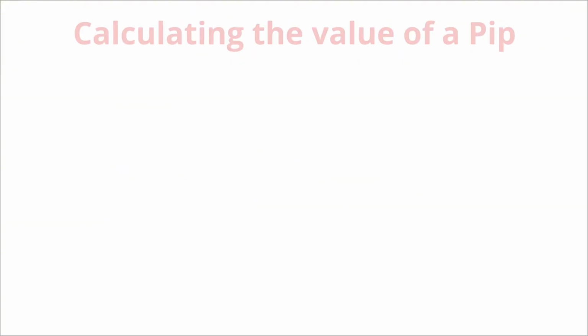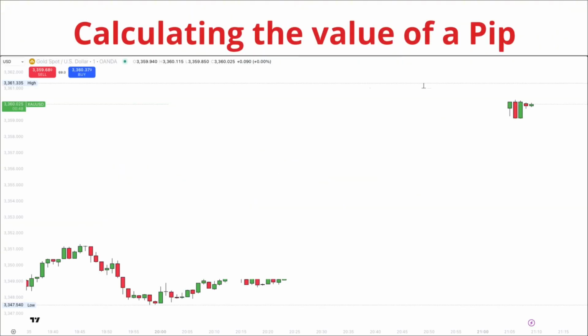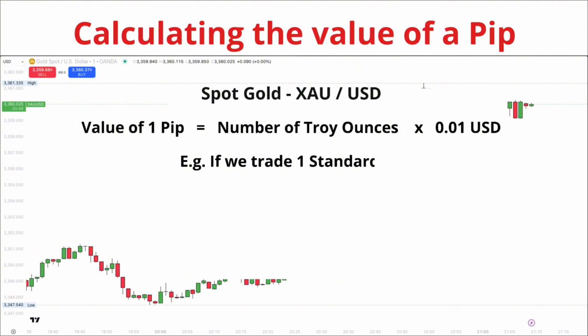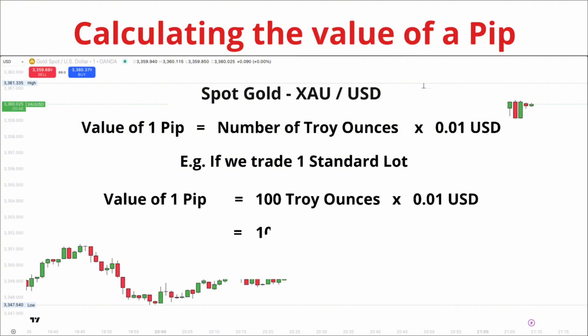Now that we understand pips and lots, we can finally calculate the value of a pip. Our first example looks at spot gold. The value of 1 pip equals the number of troy ounces multiplied by $0.01 per troy ounce. For example, when trading 1 standard lot, the pip value equals 100 troy ounces multiplied by $0.01.